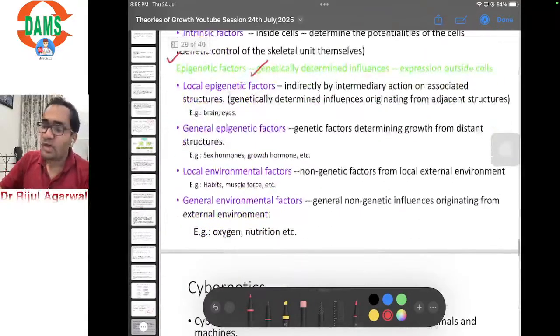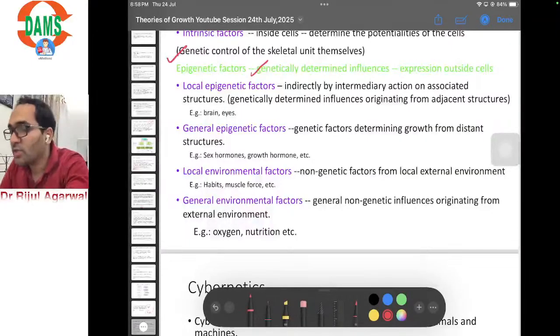Similarly, we have local environmental and general environmental factors. Environmental means not related to genes. Local means immediate, from the local external environment, which influences the immediate local environment, like habits: thumb sucking, tongue thrusting.